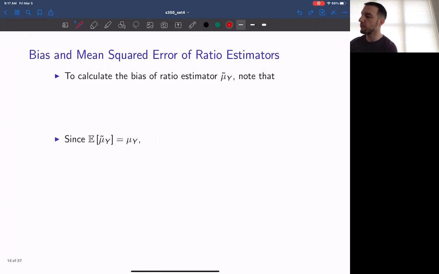Okay, so to calculate the bias of the ratio estimator, we can use the following relationships.